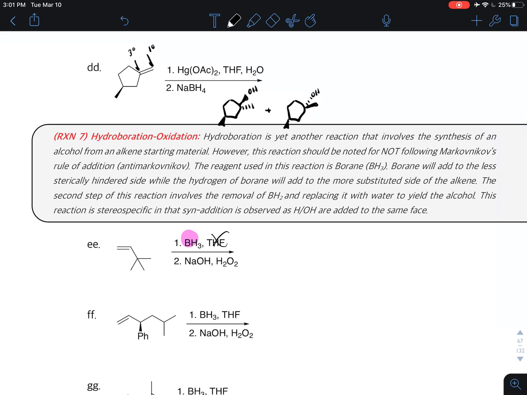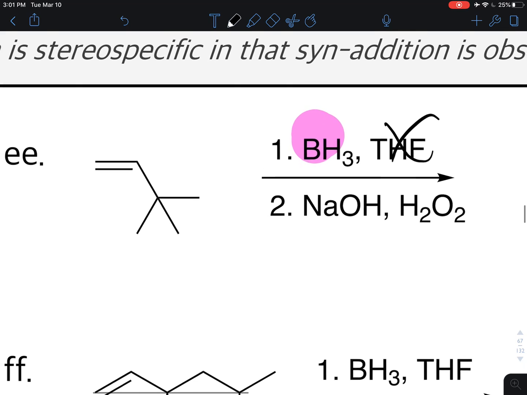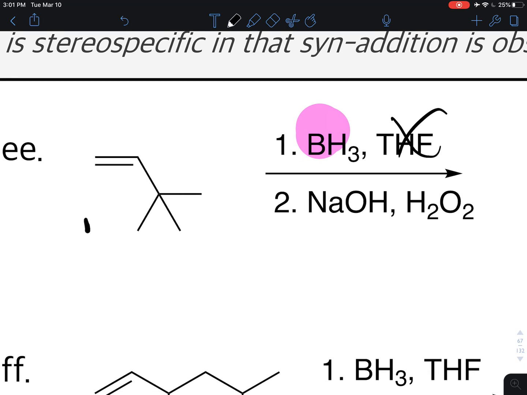Step 2, sodium hydroxide and peroxide are really involved in the mechanism for hydrolyzing and adding in that alcohol functional group. But we don't have to know that mechanism. So all you really need to know in terms of mechanism for this is that borane has this trigonal planar geometry.